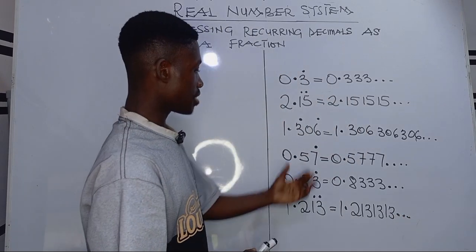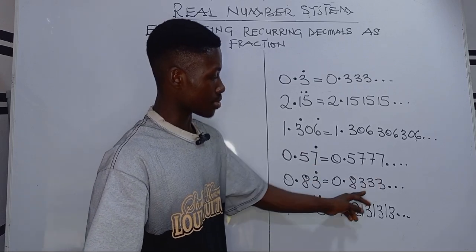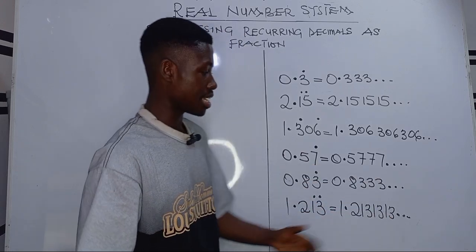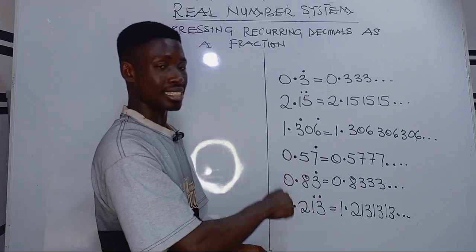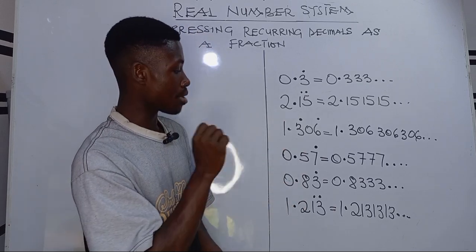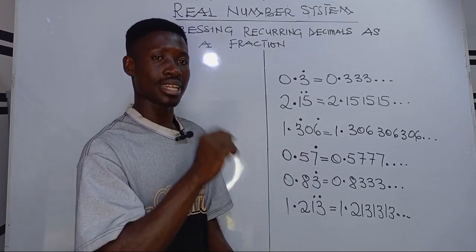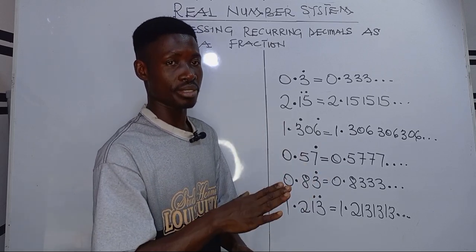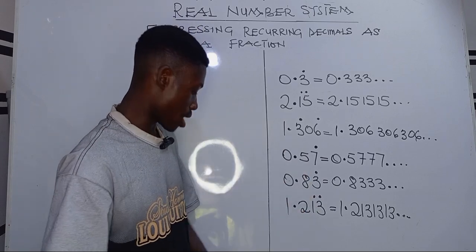So you can see from these few examples that the numbers that repeat or recur infinitely are not directly behind the decimal point, but they are behind certain numbers. So when you have questions of this nature, how do we go about it? That is what we are going to look at today. So let's take our first example and then see how we can go about it.